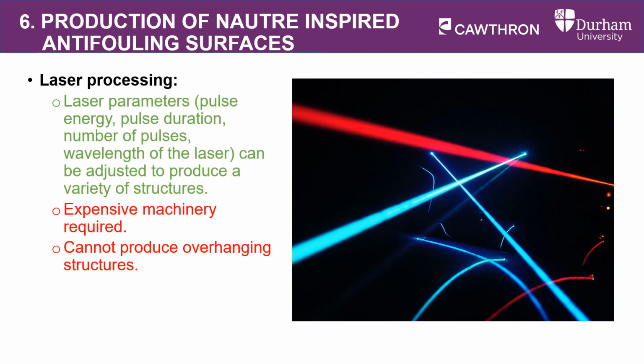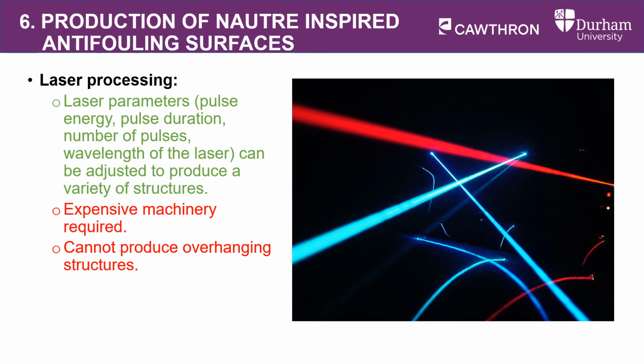Laser beams are very narrow, have high energy, and can be focused onto a small spot, allowing them to produce a wide range of surface textures. With the development of pulsed femtosecond laser processing, micro and nano-textured surfaces can be manufactured at large scale.